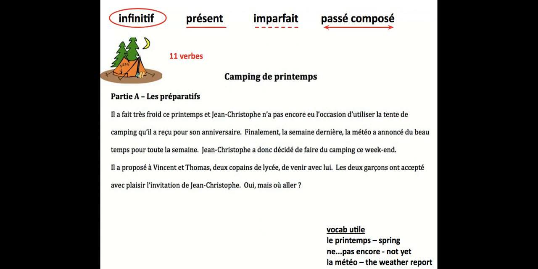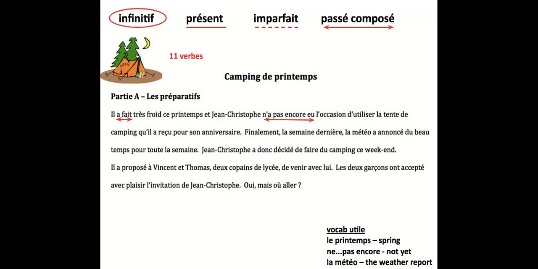So in our first sentence, we have il a fait in passé composé. We also have in the first sentence, Jean-Christophe n'a pas encore eu, okay? Also in passé composé. So we have the helping verb a and our past participle eu there. That's the past participle of avoir.